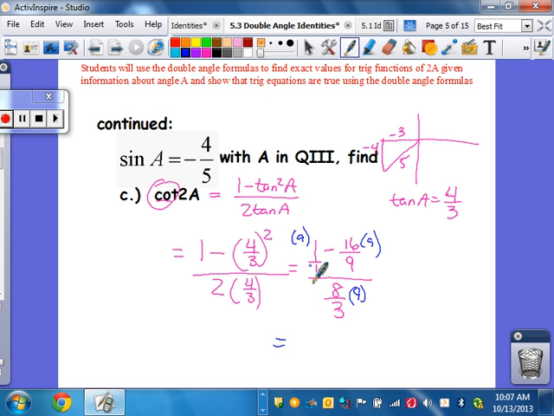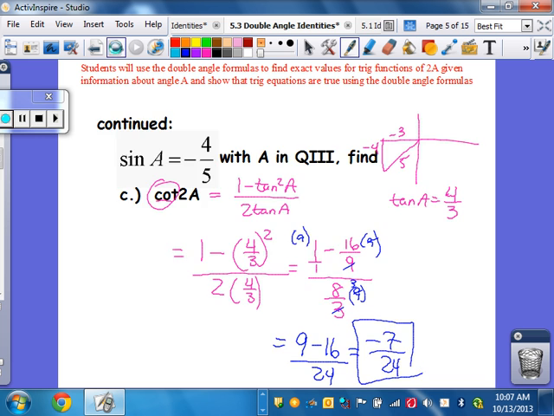Okay? So then I would have 9 minus 16, because the 9's cross. 3 goes into 9 3 times, over 24. So I'd end up with -7/24. If you guys want to, you could combine the top separate and then do the bottom and then flip it, whatever you need to do, but in the end it should be -7/24. Okay?